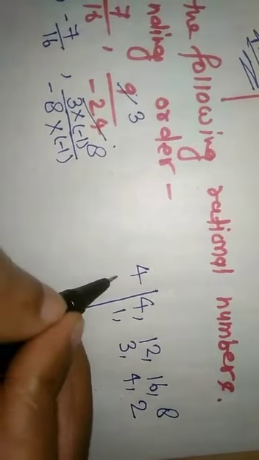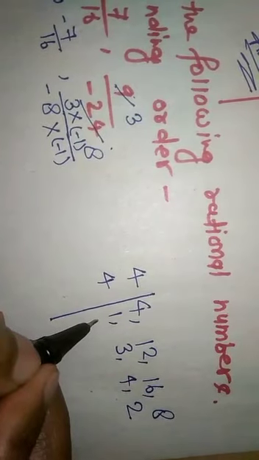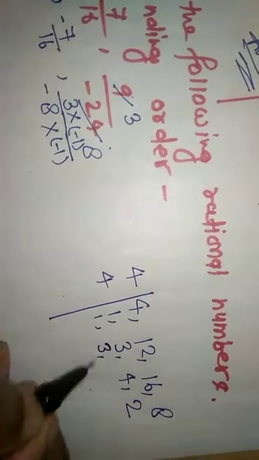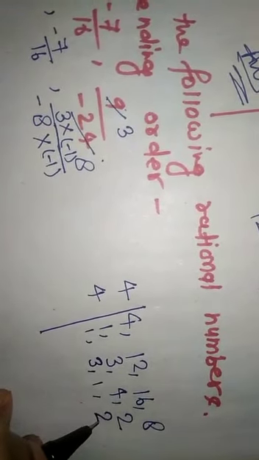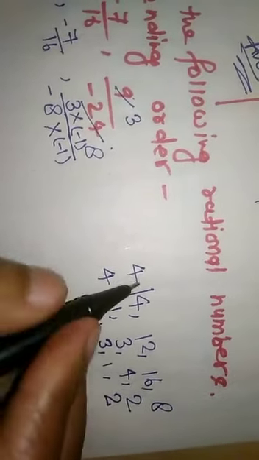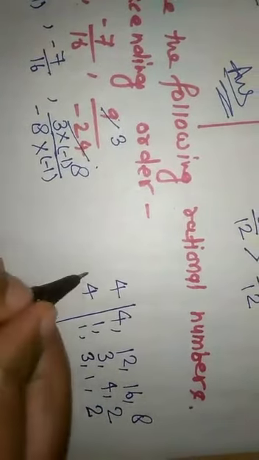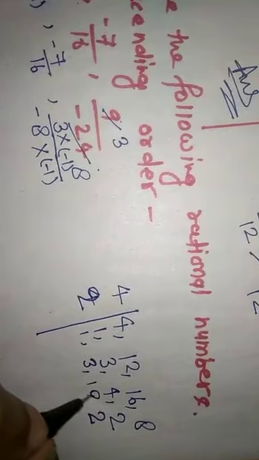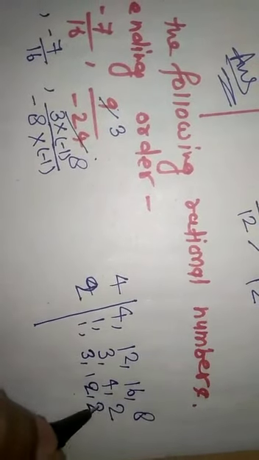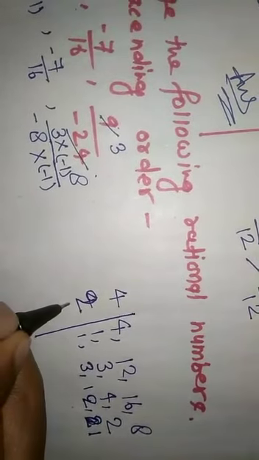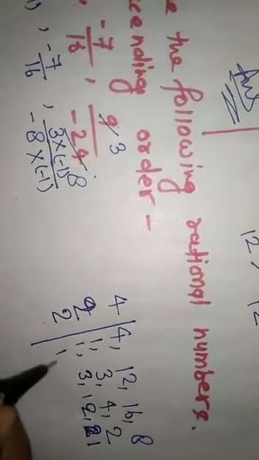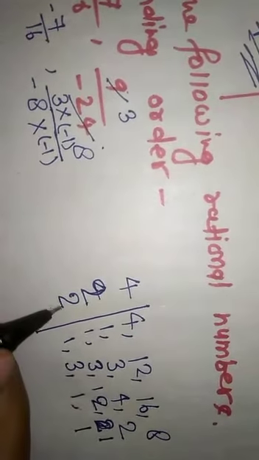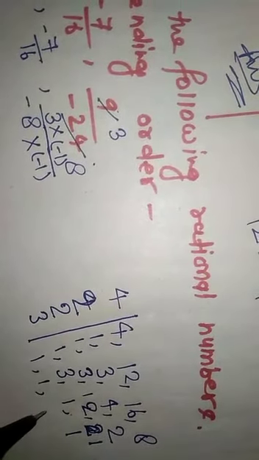Then divide by 2: 1, 3, 2, 1. Then by 2 again, and 3: 1, 1, 1, 1.